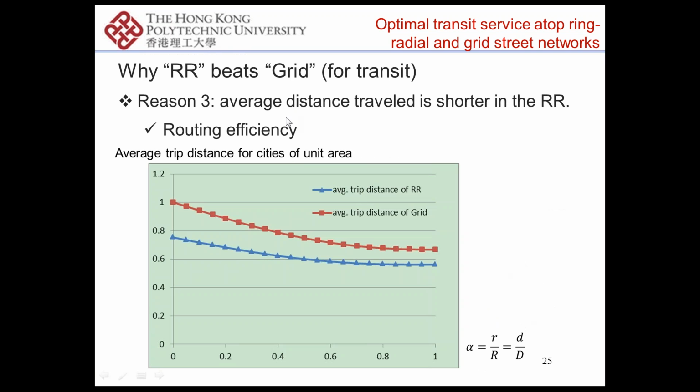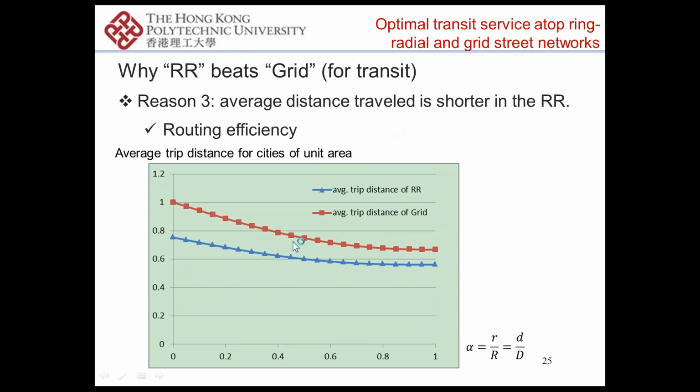And the third reason is that the average distance traveled is shorter in the ring-radial network. First, this is because a circle is naturally more compact than a square. But more importantly, this is due to the routing efficiency.